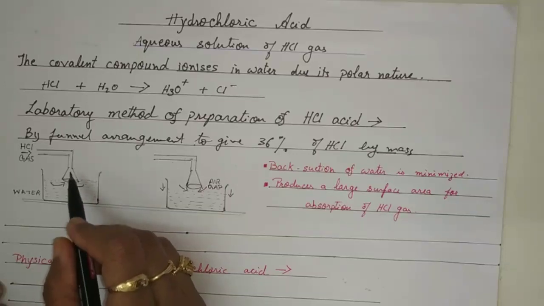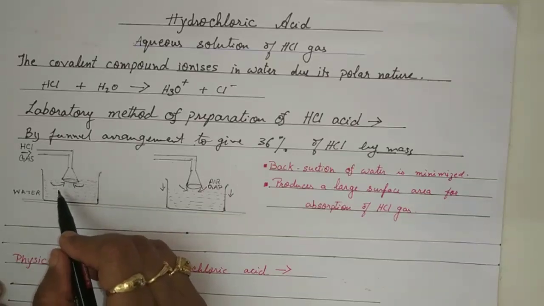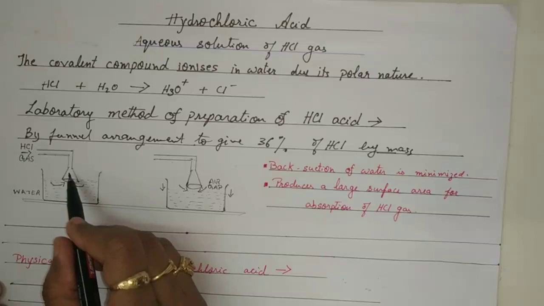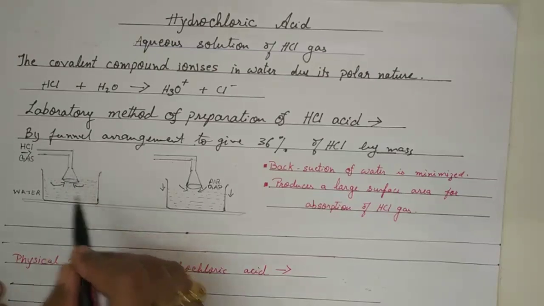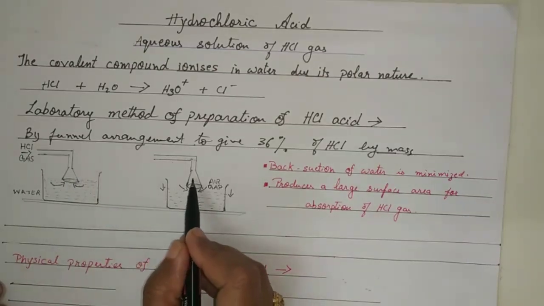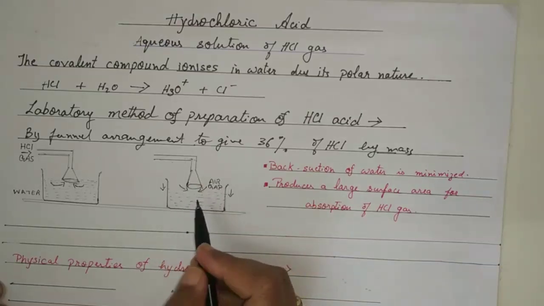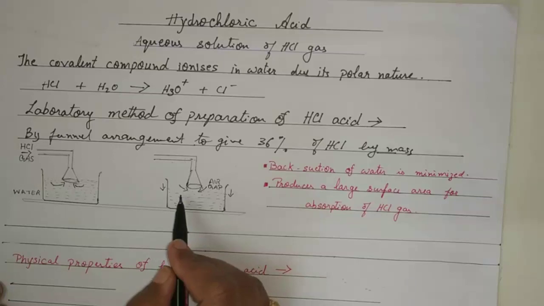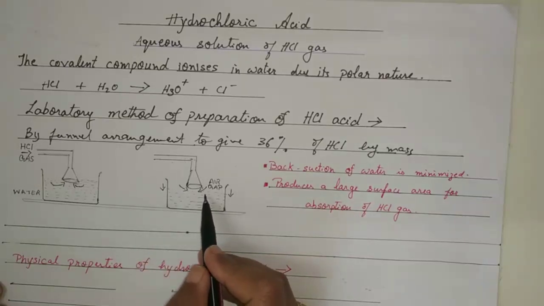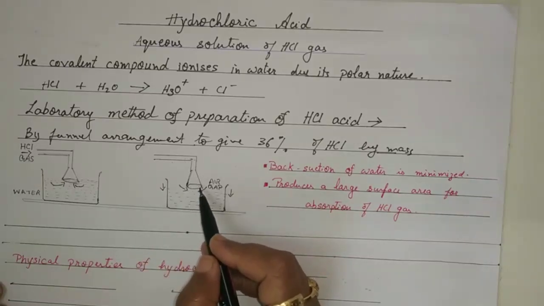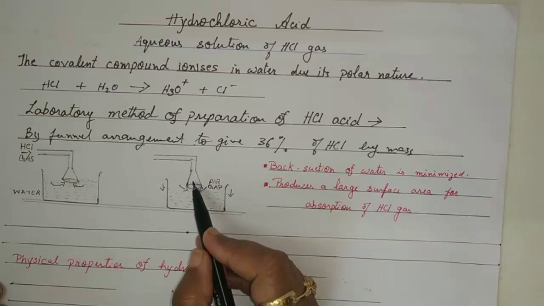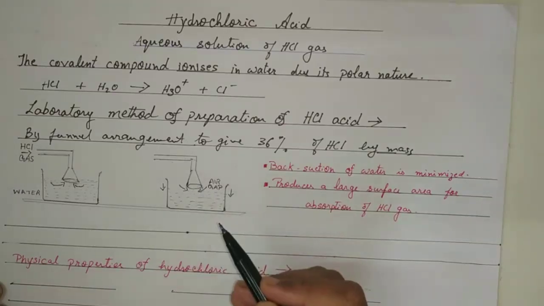So a back suction occurs and the water rises into it, thereby creating one air gap between the rim of the funnel and the surface of the water. And due to the pressure difference, the water which has risen will fall down.